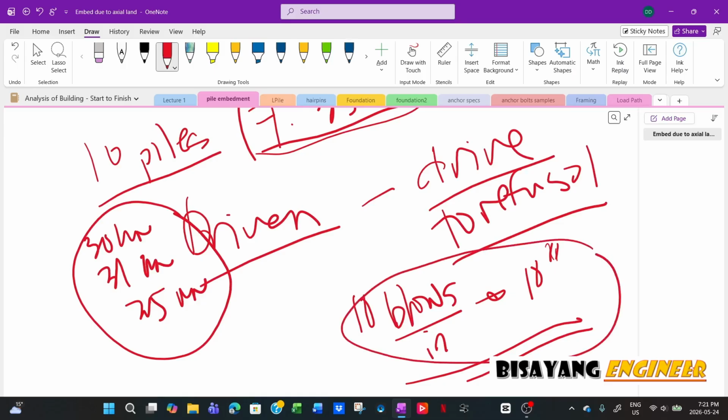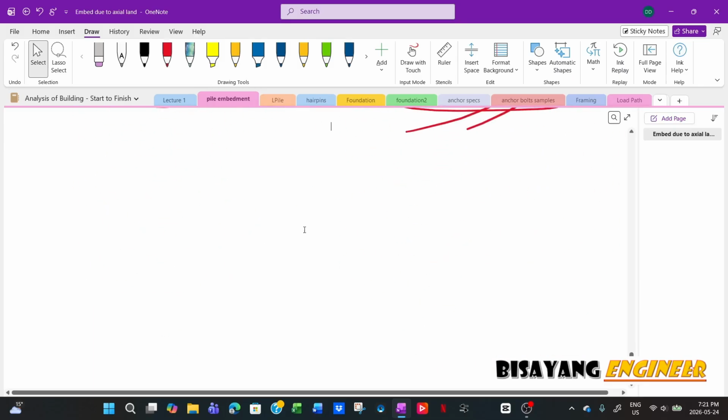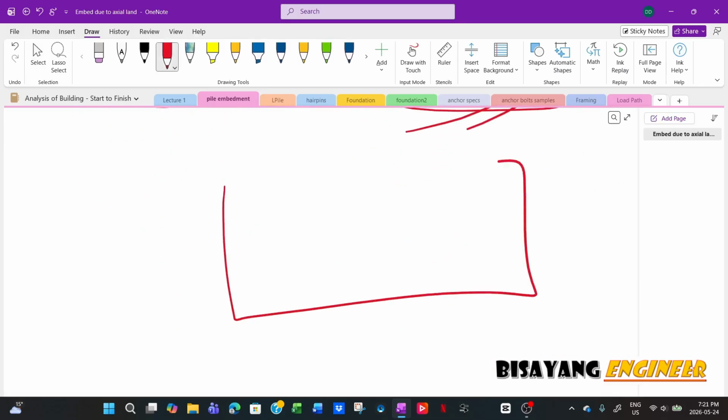But in some cases, for example in our project, we have a shop, and it's a pre-engineered building. If this is your foundation plan, of course you have your frame right here.